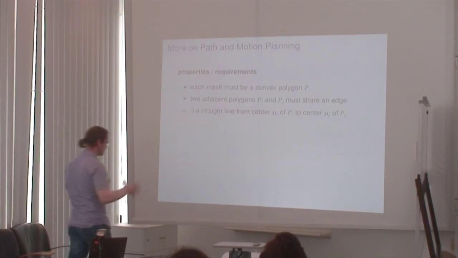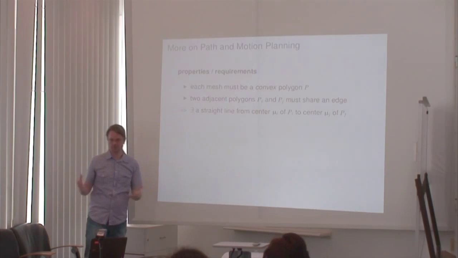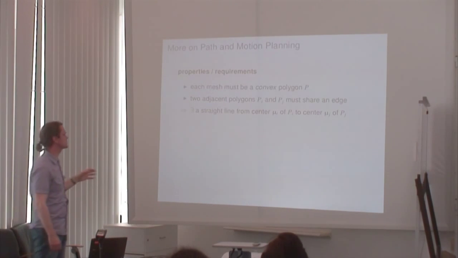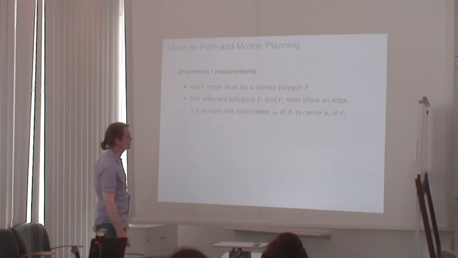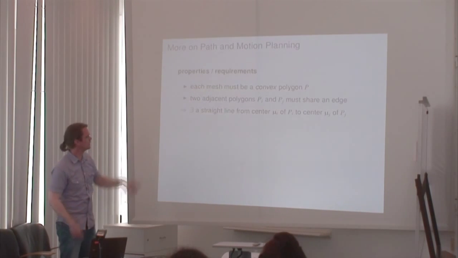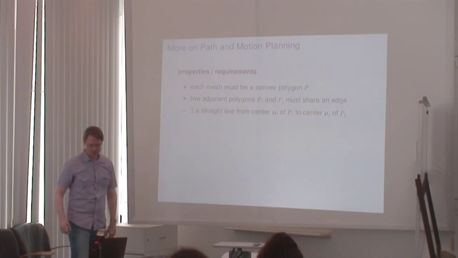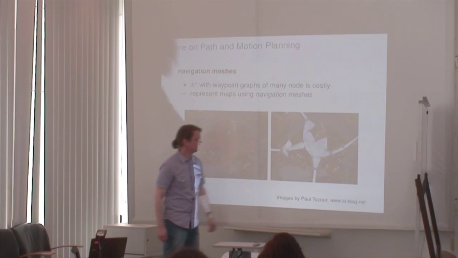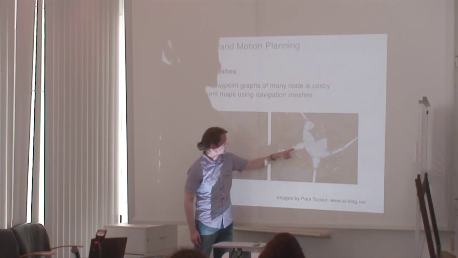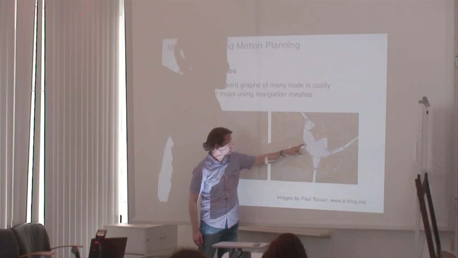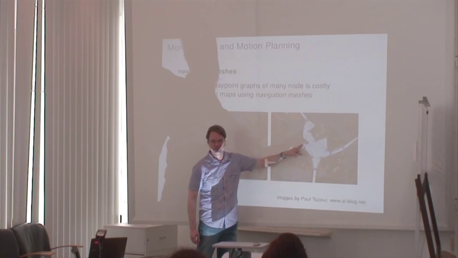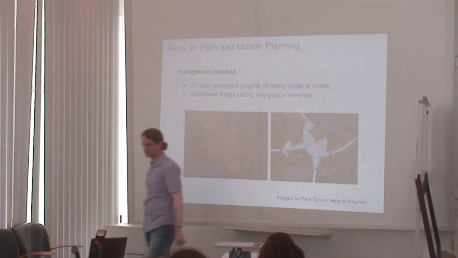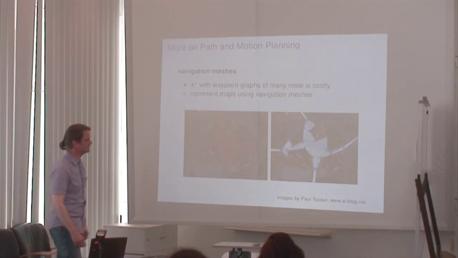So if you force these meshes to be convex polygons, and if you compute them such that two adjacent polygons share an edge, then you know that it is always possible, this is elementary geometry, to draw a line from the center point of some polygon to the center point of the edge at the boundary between them, and from there to the center of the other polygon.